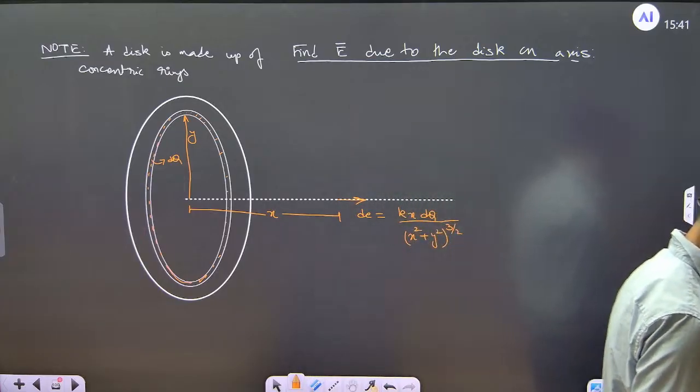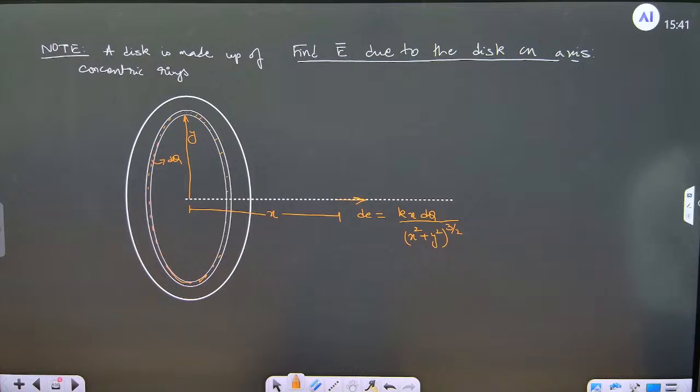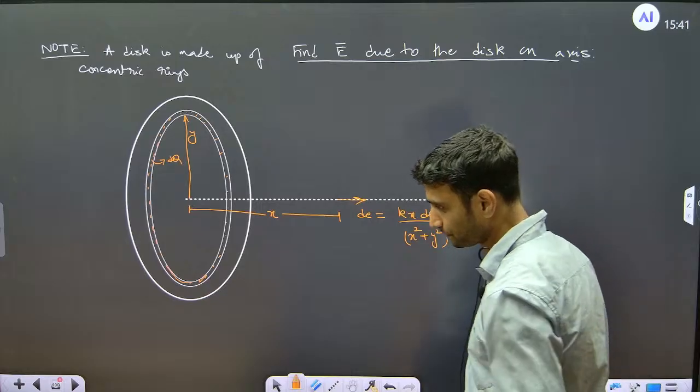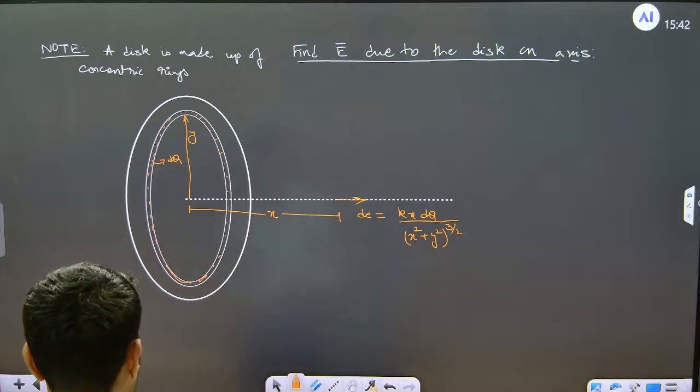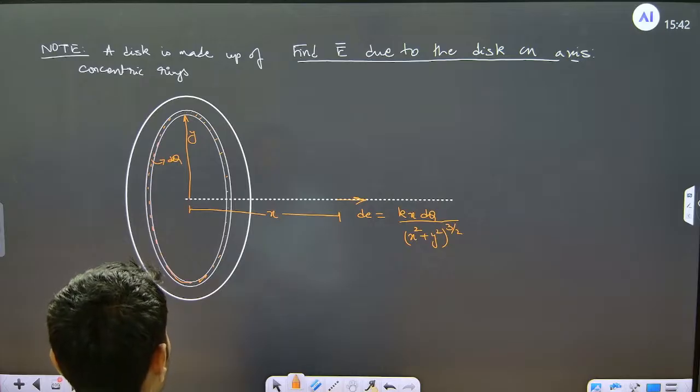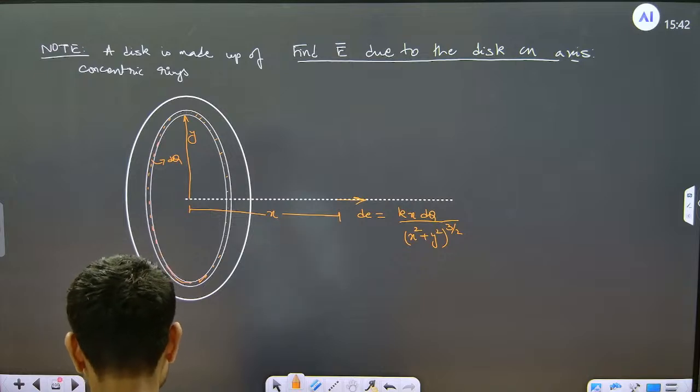So I have put a clear till here. That is a small electric field.